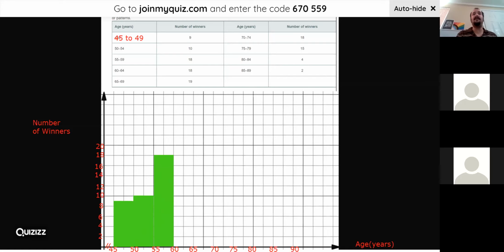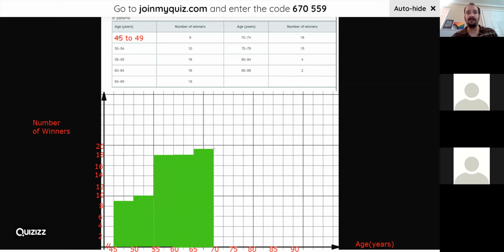60 to 65, I have 18 again, and then it goes up to 19 in the next one. And 19 on the next one is right in there. And then we go back to 18 for 70 to 74.